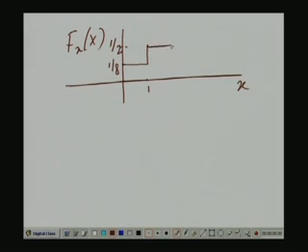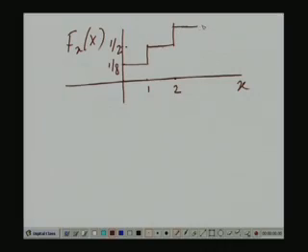and this remains so till you have got this point X equal to 2. Okay. When X equal to 2, what is the probability that X equal to 2? Again 3 by 8, which means what is the probability that X takes the value less than or equal to 2? That means we have to have a jump by another 3 by 8 here.